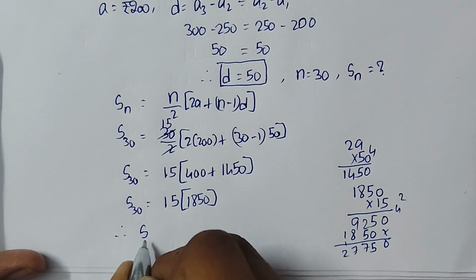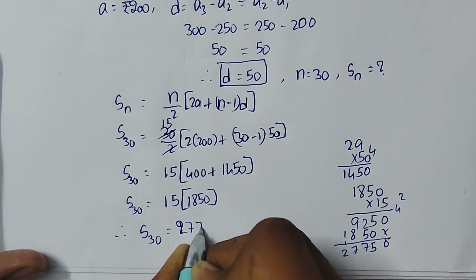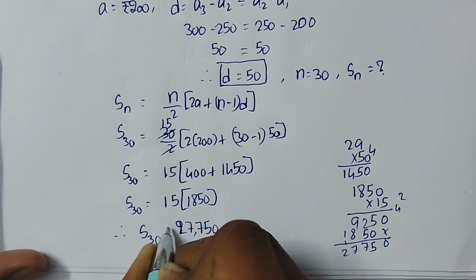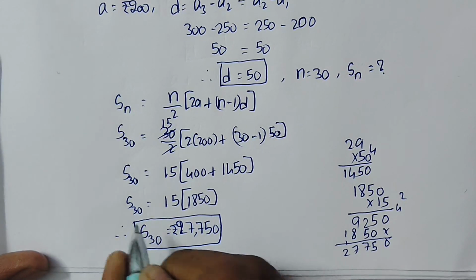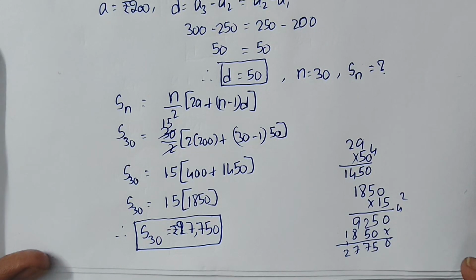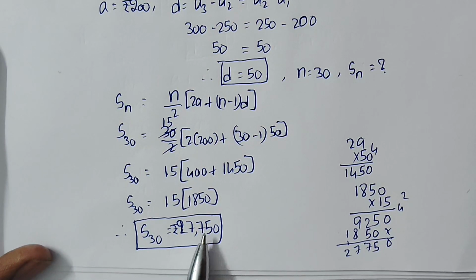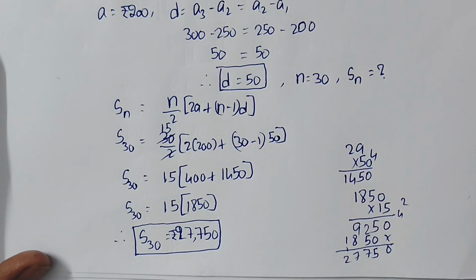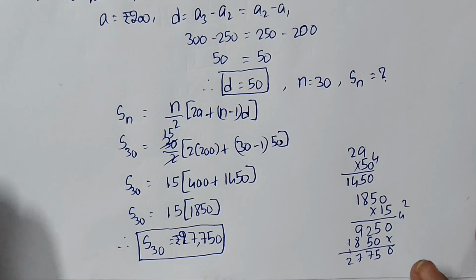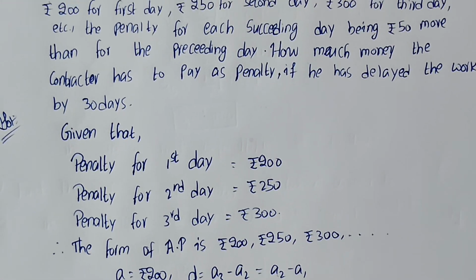So therefore we got S30 is equal to 27,750 rupees. So that is the 27,750 rupees the contractor has to pay as penalty to the workers. Understand? Now we have completed this 15th question.